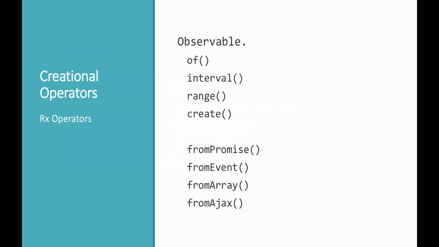You can create an observable in RxJS in so many ways. You can create it from a particular fixed value, which is observable of. And they also have so many helpers. You can say, okay, I want an observable that comes from an interval. So, every 500 milliseconds or something, give me a new number. I want just a range of numbers that all come at once.